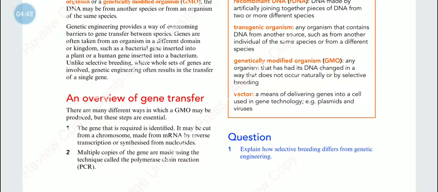To have an overview of gene transfer, we have to talk about the genetically modified organism. There are different ways in which a GMO can be produced, but these steps are essential. The first is that the required gene should be identified. It should be cut out from a chromosome, or made from mRNA by reverse transcription, or synthesized from nucleotides.